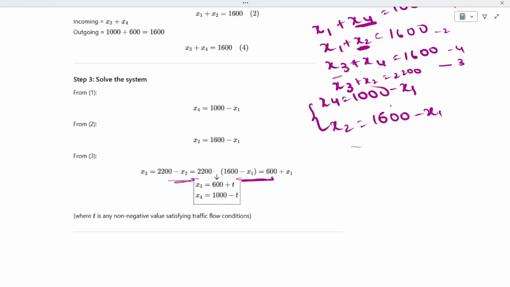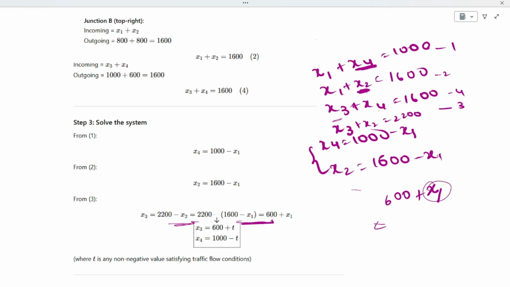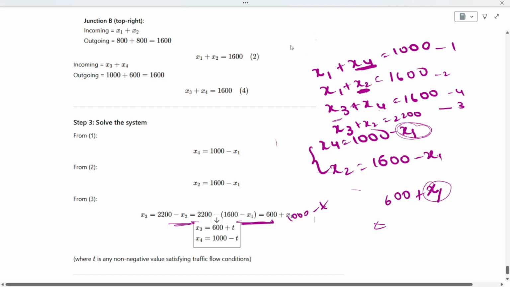You substitute in that, so you can take out 600 plus x1. 600 plus x1, you can replace by t. X4 is also the same: 1000 minus x1, that is 1000 minus t. I hope you got this question.